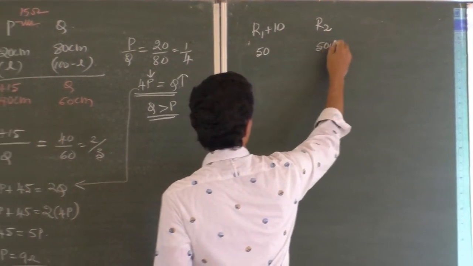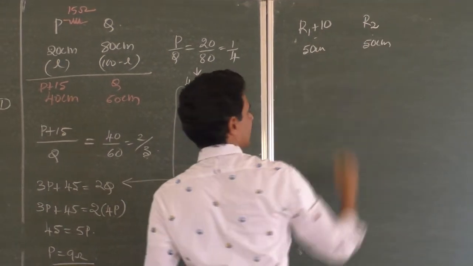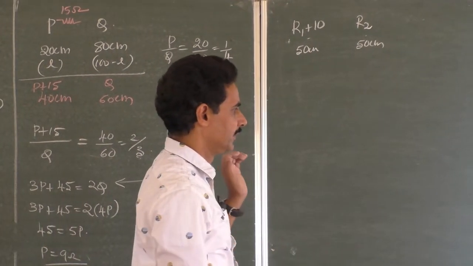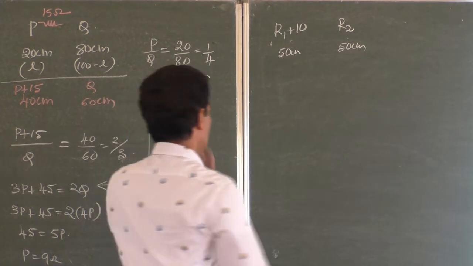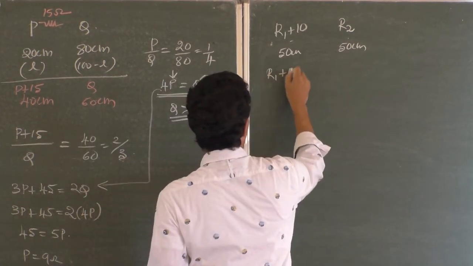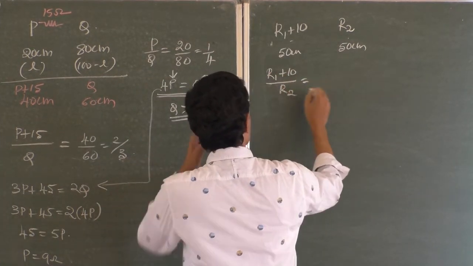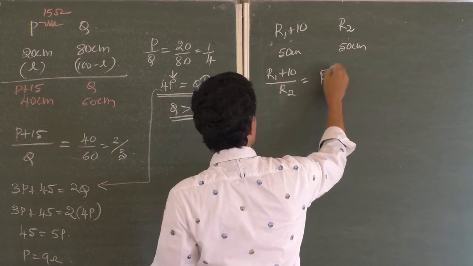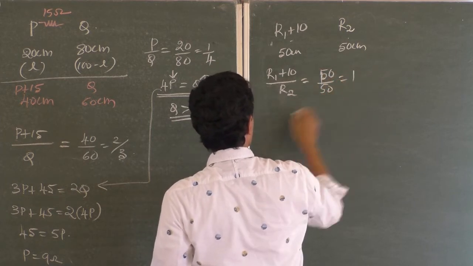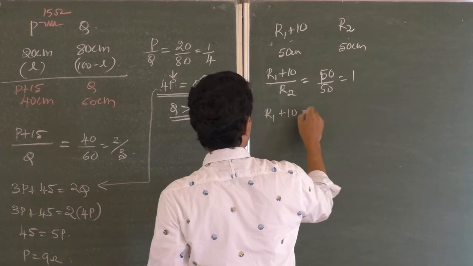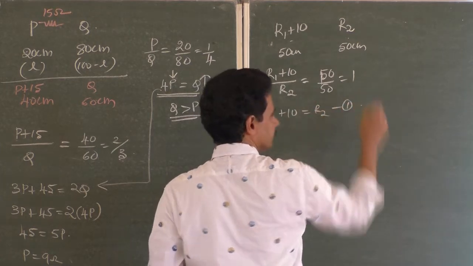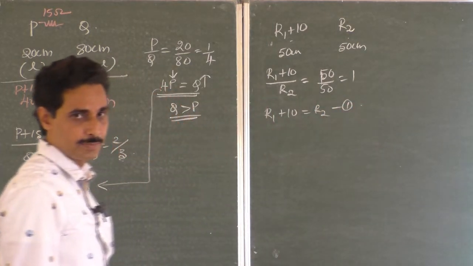Then here also 50. You know that left hand side and right hand side resistances are the same in the meter bridge. So R1 plus 10 by R2 must be equal to 1 because it is 50 by 50. R1 plus 10 is equal to R2. One equation.